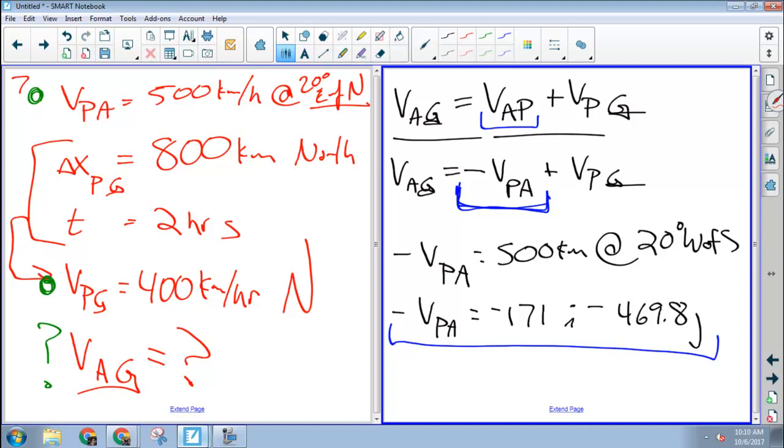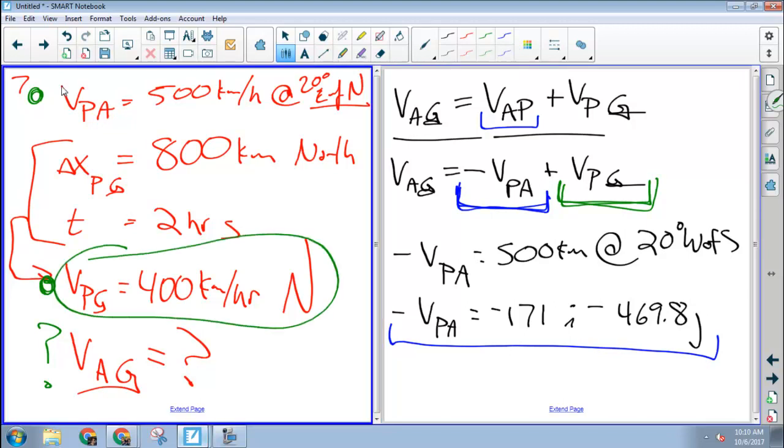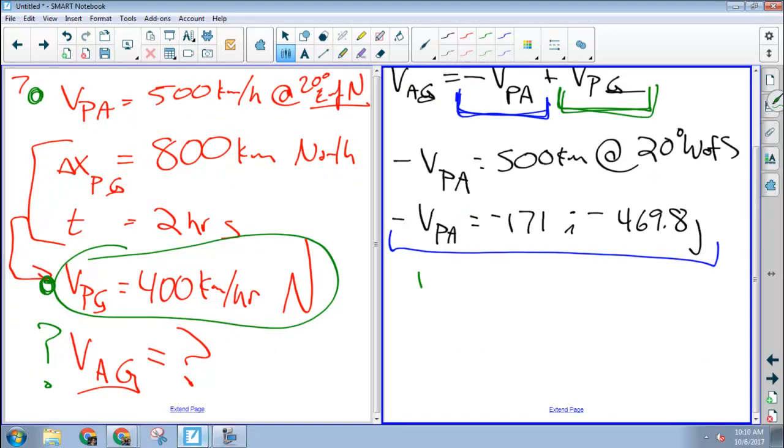Now, I also need to know the velocity of P relative to G. Oh, that's over here. How do I write that in unit vector notation? Just 400j, right? Cool? Now what do I do?